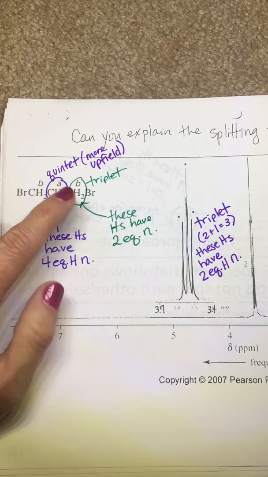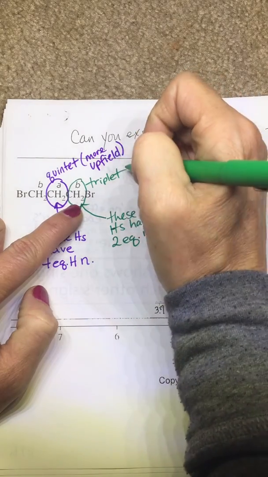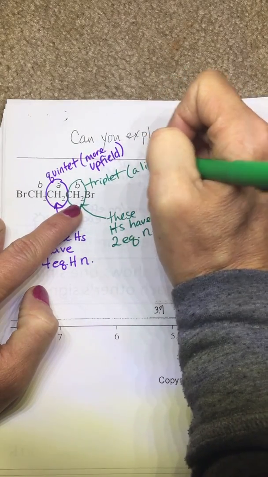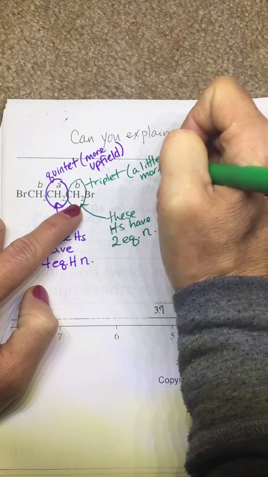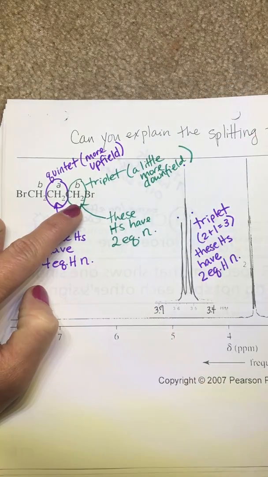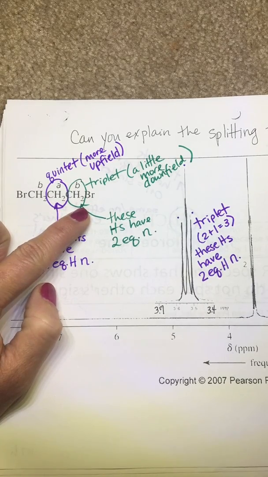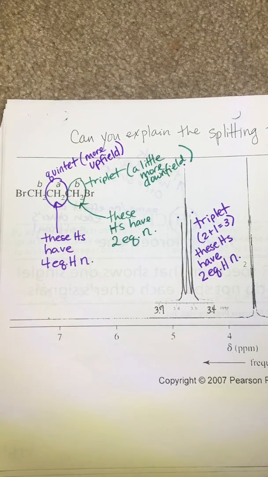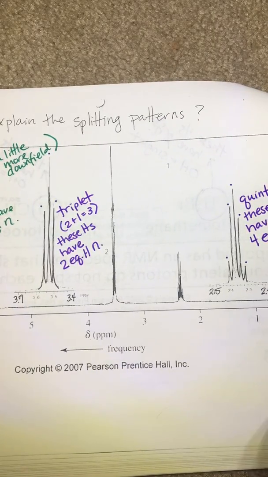We're seeing a triplet for these B hydrogens, a little more downfield, because they're attached to the carbon that's got the bromine on it. So our splitting pattern matches just lovely, okay?